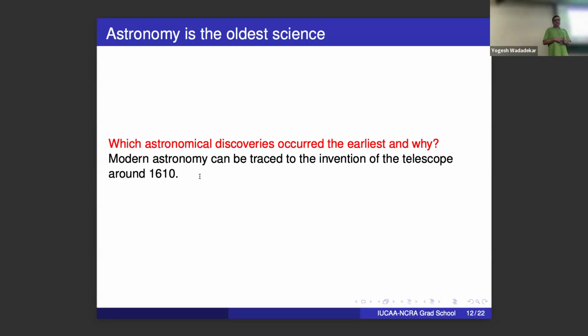Why did they discover these? I mean, were these useful in any way? For example, the seasons, was there any use for agriculture? Yes. So, for example, in Egypt, there is something known as the heliacal rising of Sirius. So, if you see the star Sirius in the morning sky, that was the indicator that the Nile is about to flood.